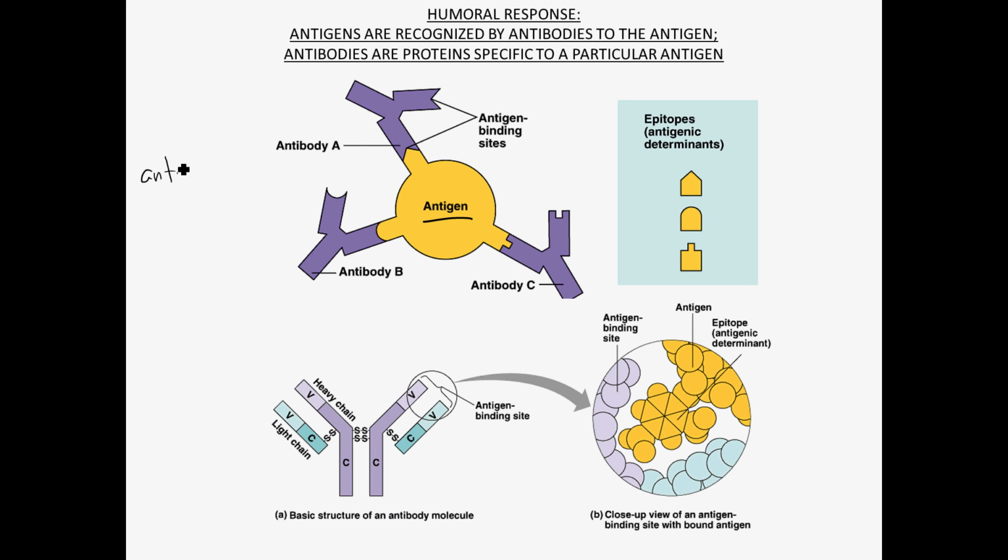An antigen is anything that is going to cause a plasma cell to generate antibodies. Anything that is antibody generating is known as an antigen. So this is where we get the term antigen from.